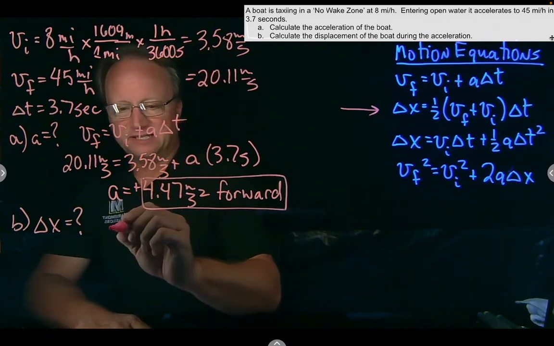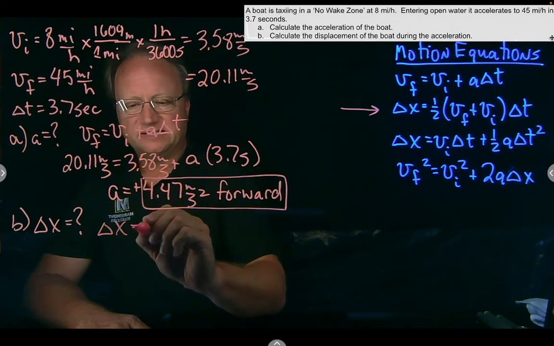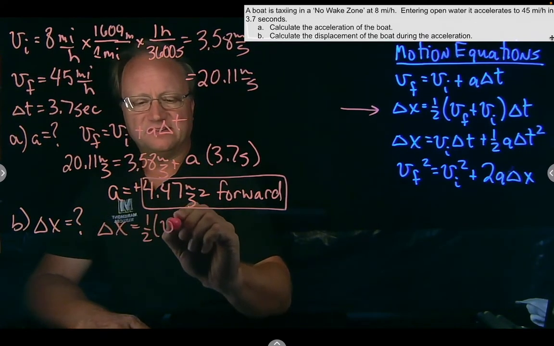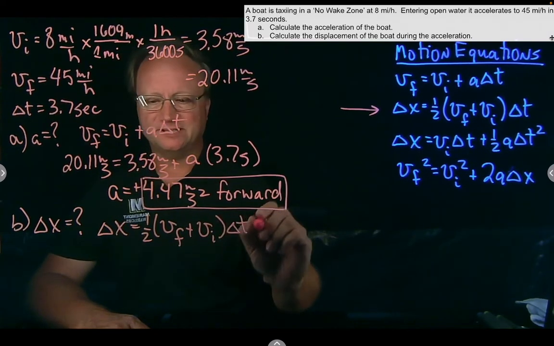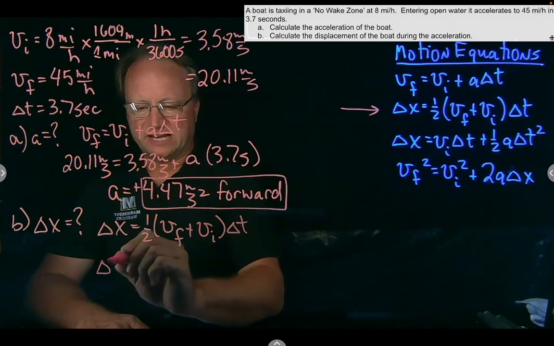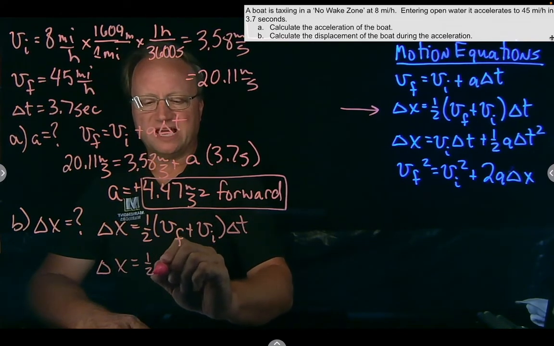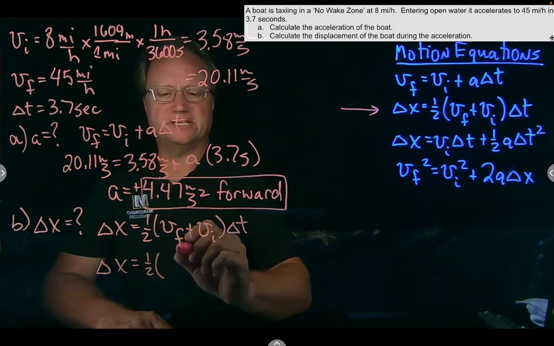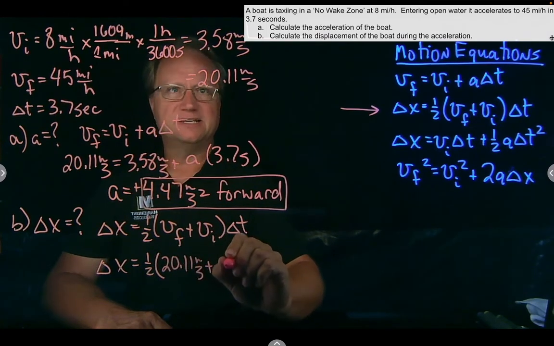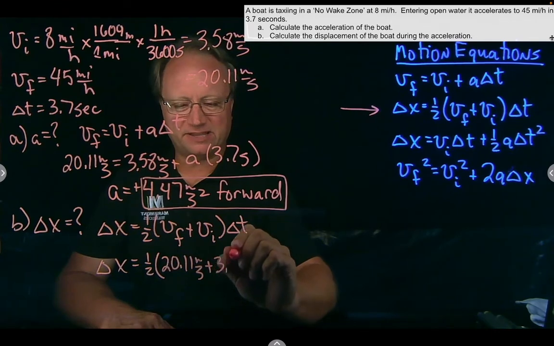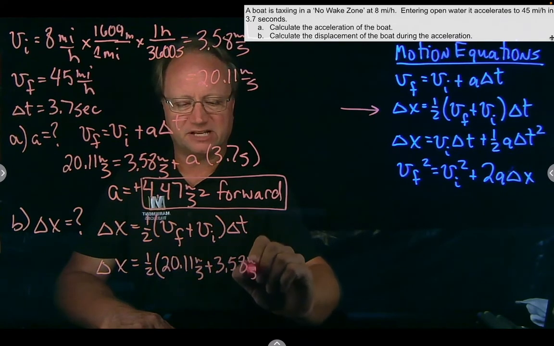So then the second equation, delta x equals 1/2 times the quantity VF plus VI times delta t. So delta x equals 1/2. VF gets replaced by 20.11 meters per second. VI gets replaced by 3.58 meters per second.